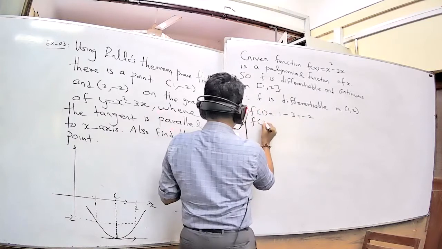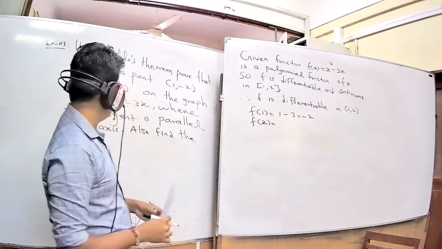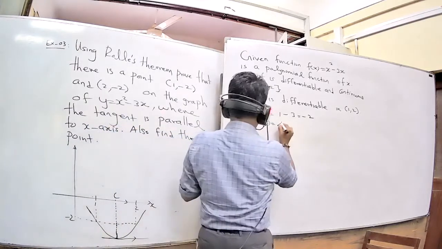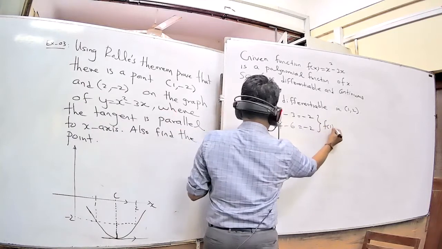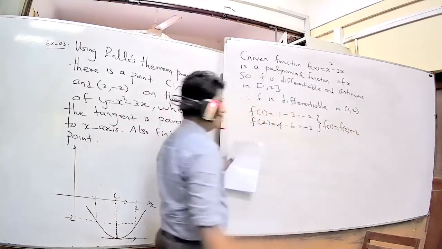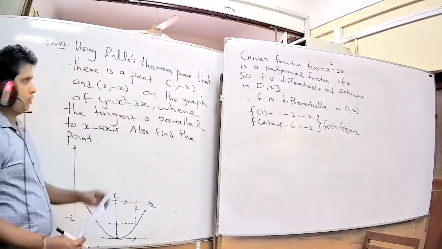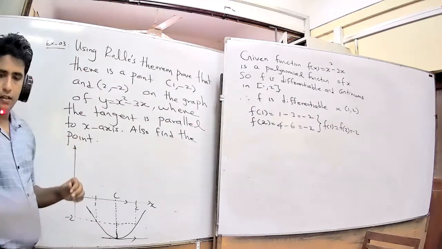What about f of 2? F of 2 means 2 squared, 4, minus 6, that is minus 2. From this, f of 1 equal f of 2 equal minus 2. So the three conditions are satisfied, then you can use Rolle's theorem.